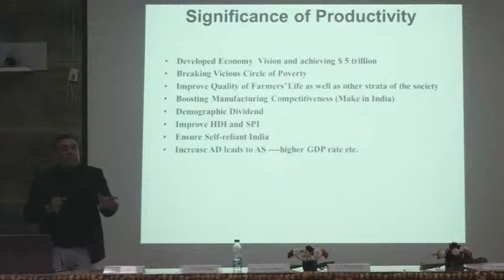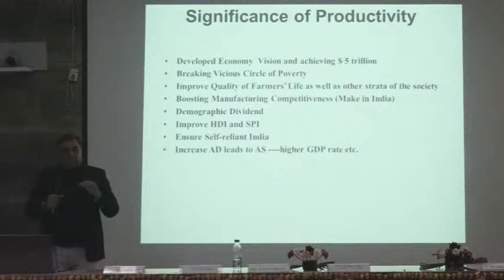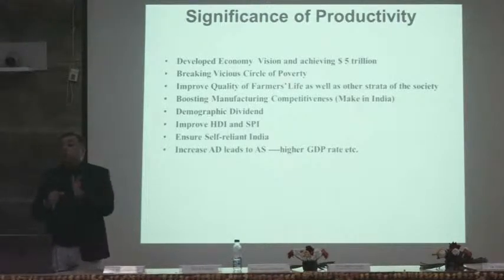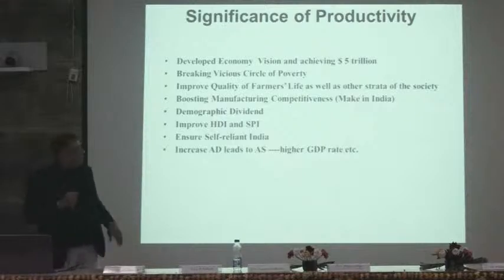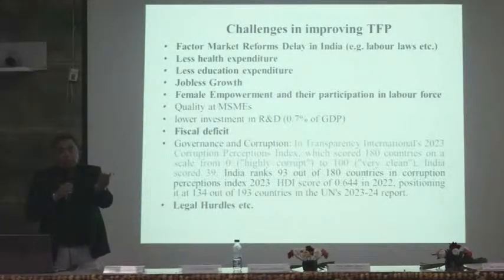When there is disparity, you will find social disparities and other kinds of problems in the society, and that will lead to a lower GDP. Then this increases aggregate demand and aggregate supply. But in India, there are some challenges to improve.